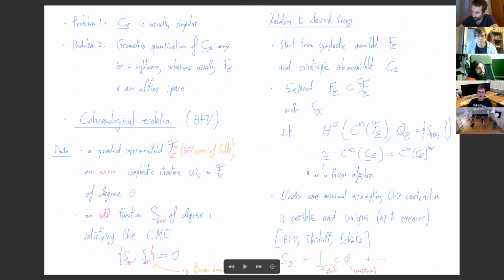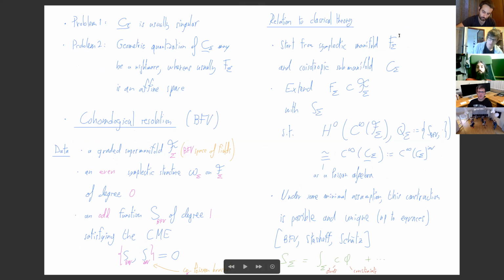Now, what is the relation between this BFV theory and the problem of symplectic reduction? Well, the idea is the following. This was done by Batalin-Vilkovisky and Fradkin-Vilkovisky, and then put on a more mathematical background by Eugene Tashev, at least for local constraints, and by my former student Schatz, who did it globally.